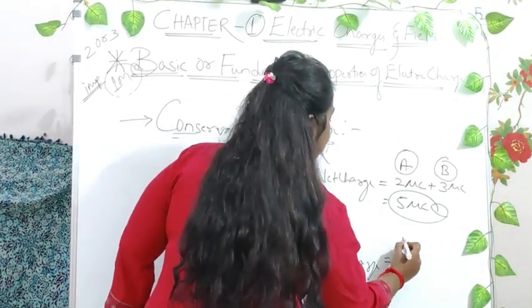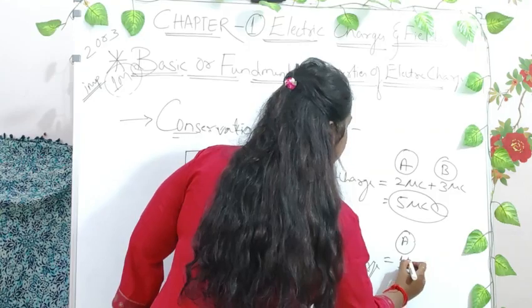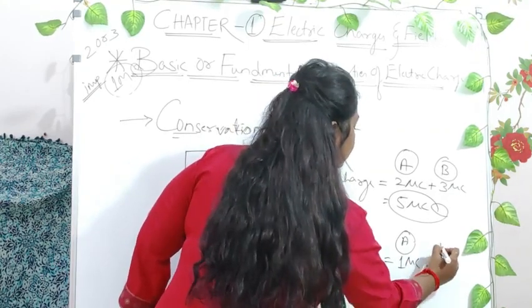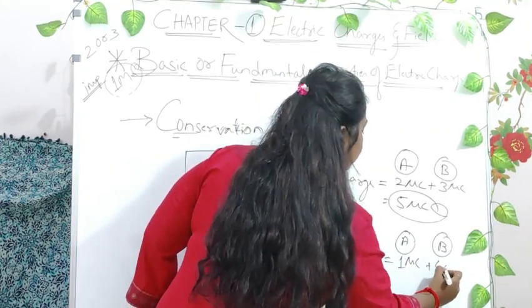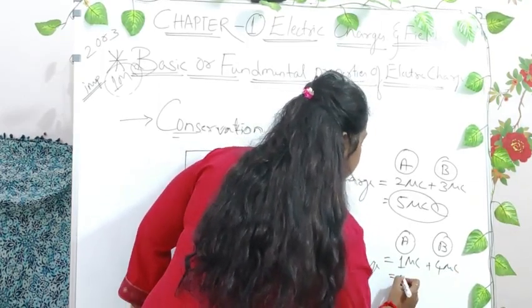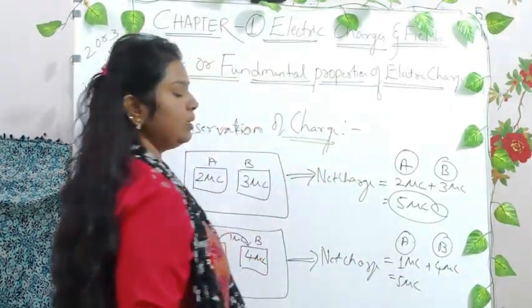Because of A it has 1 microcoulomb, and because of B it has 4 microcoulomb. The total is 5 microcoulomb.